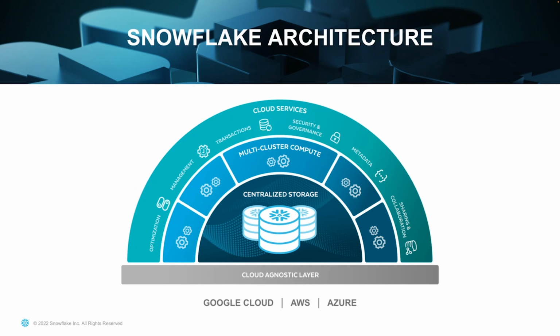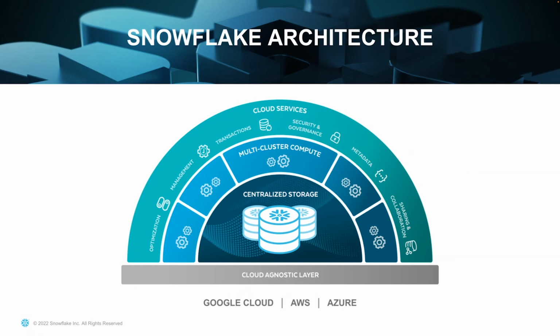So what really powers Snowflake is our unique architecture, which is really comprised of several different layers. At the most basic first layer is our cloud agnostic layer. This is very important because cloud agnostic, meaning we can run across all 3 major cloud providers, Google Cloud, AWS, and Azure.